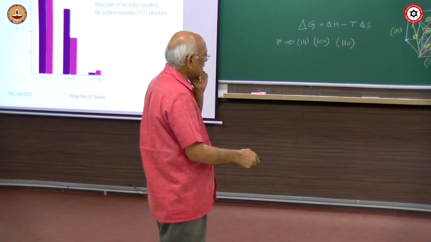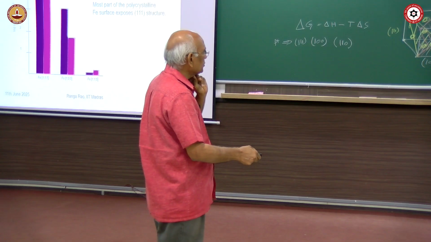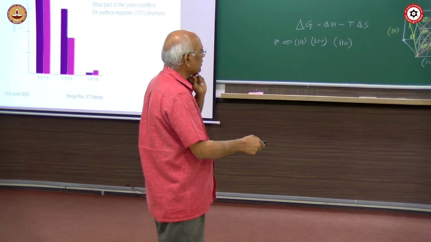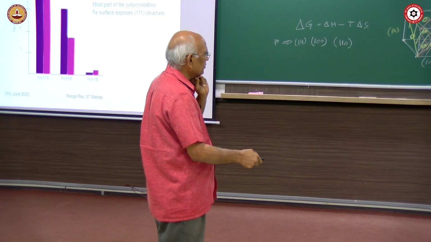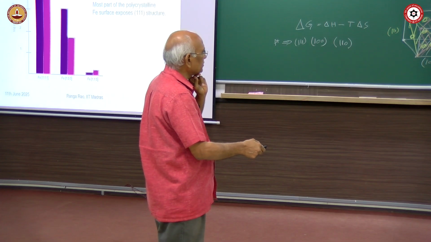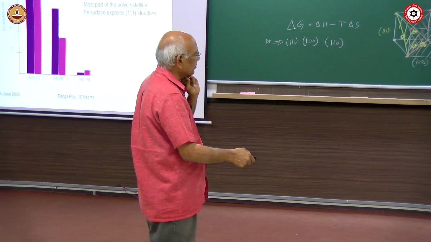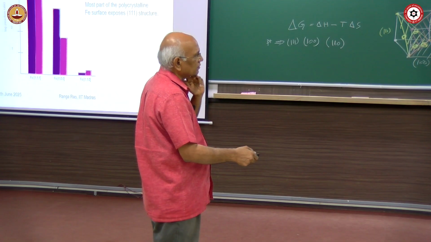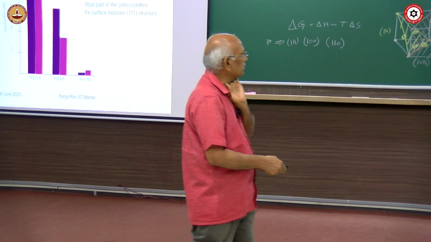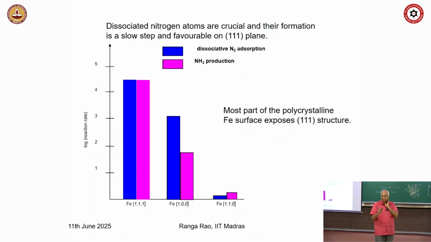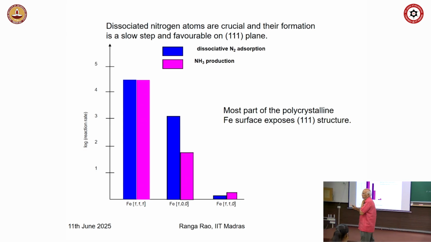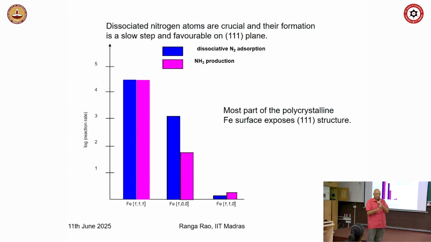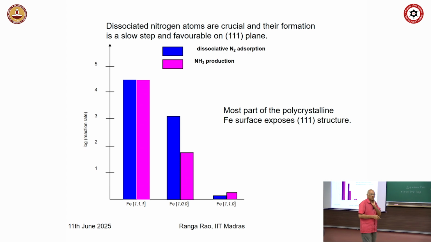Okay, so same thing here. The Fe111 plane shows a very, very high reaction rate. The Fe100 plane reactivity is somewhat less, and Fe110 reactivity is very, very, very small. So that is the reason why we need to study surfaces and chemical processes at surfaces, to understand all these finer details at the atomic and molecular level.